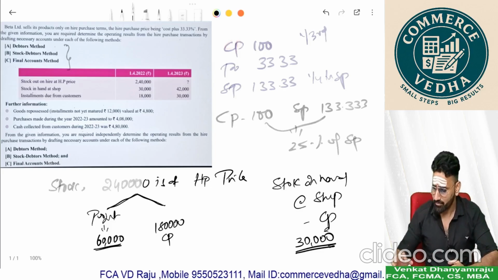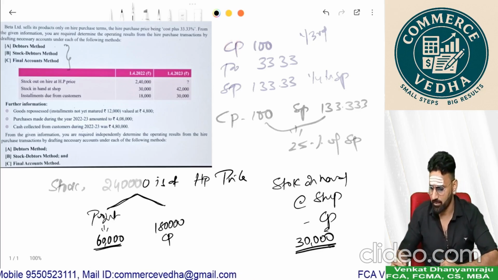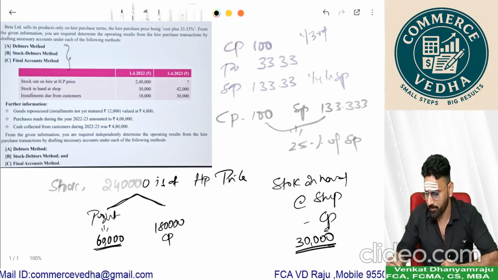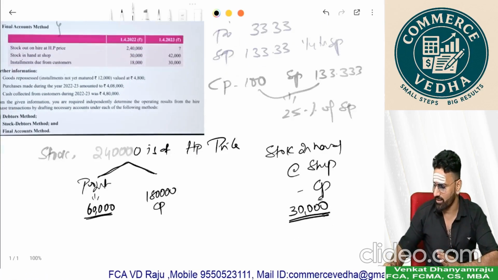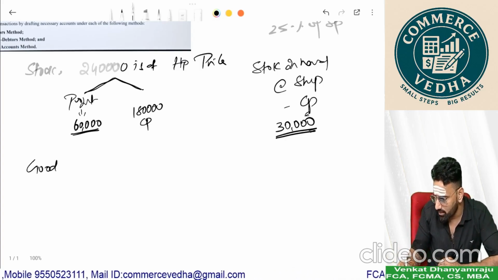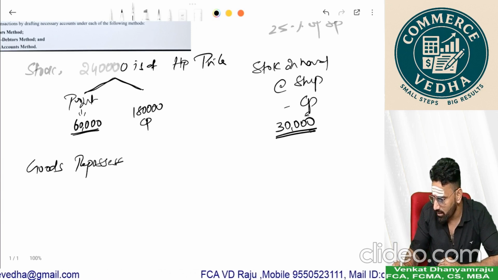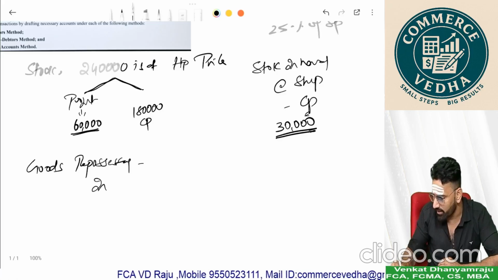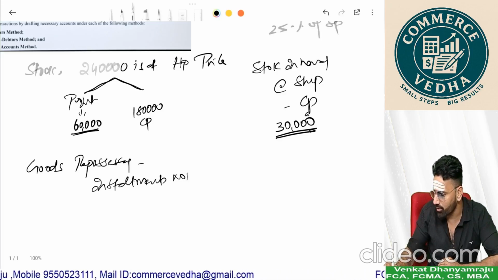Now, all these three points are the further information. Goods repossessed. Installments not yet matured, 12,000. What they said? Goods repossessed from the installments not yet due.